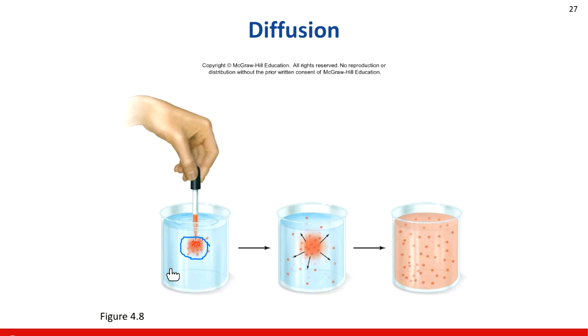We want to go from an area of higher concentration to an area of lower concentration. So these molecules of the food coloring are going to start to spread themselves out more and more until we get equal distribution throughout the entire beaker. Because of that movement, it's moving down its concentration gradient until it's established equilibrium. And that's diffusion for you.